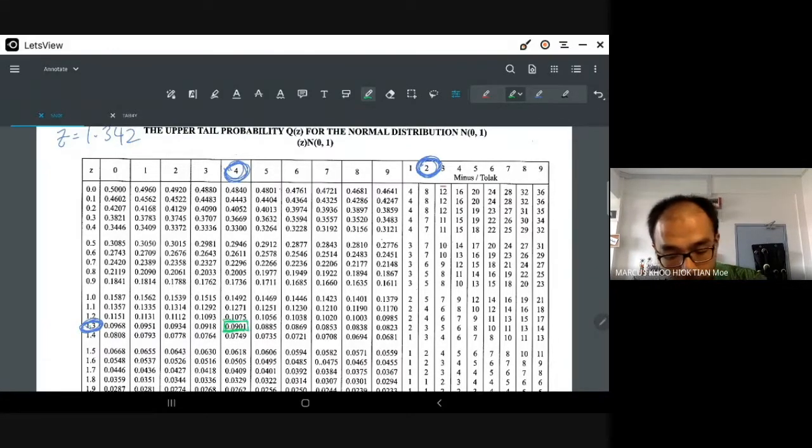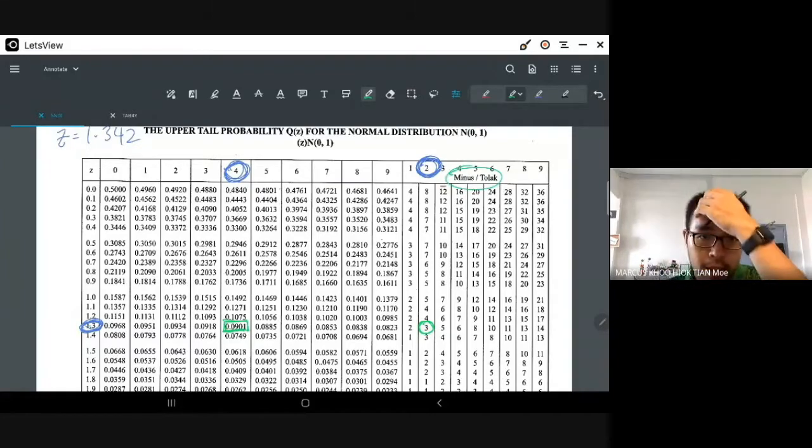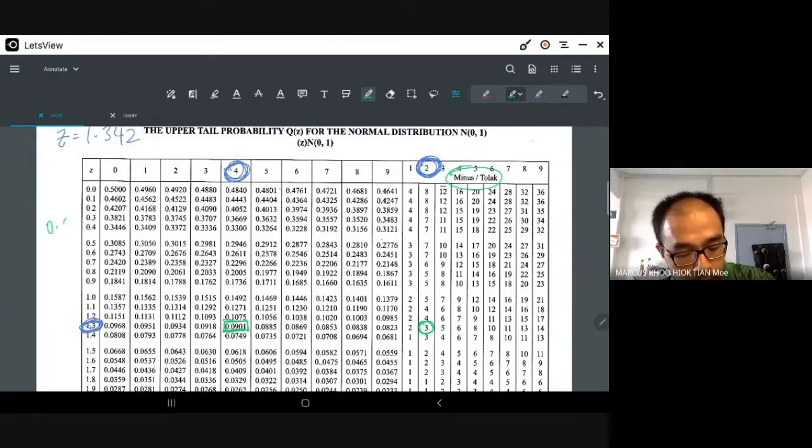And then the 2 value is this 3. And then perhatikan bahawa dia cakap dia adalah minus. So 0.00901, ini kau tolak 3 di sini.